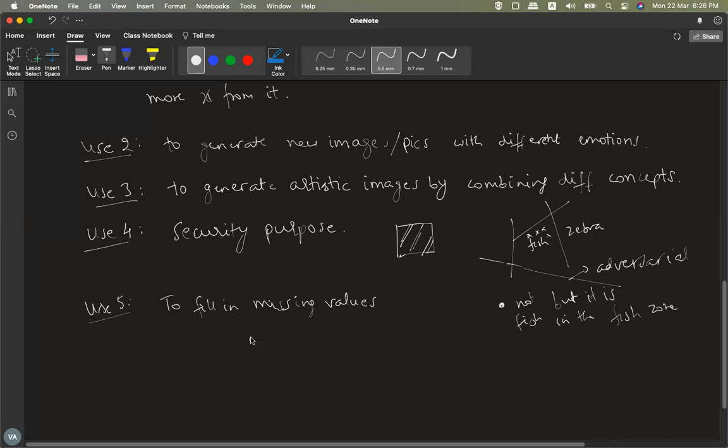For example, if I give you this image and I ask you what will come here, what will you say? If this portion is missing, what will come here? Nose. Yeah, you can easily say it will be something like this, right?